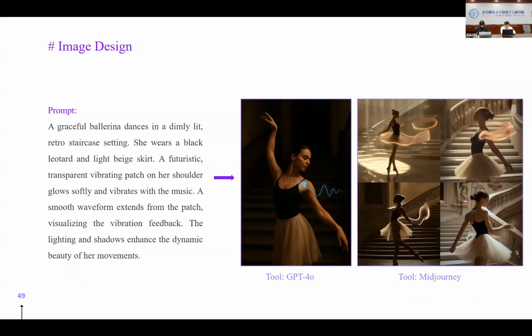Here we use GPT-4o to translate the prompt into a single image, and then we use Midjourney to turn the single image into multiple pages. Put together, the multiple pages look like a girl dancing, with our newly created tool attached on her body.